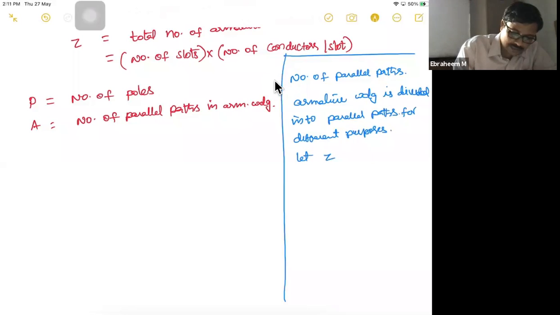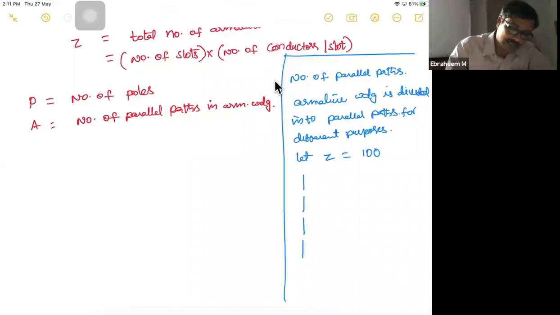the number of conductors Z be equal to 100. If the conductors are 100, these conductors can be connected in series or in parallel also, right? So for example, one conductor, second conductor, third conductor, fourth conductor, like this.